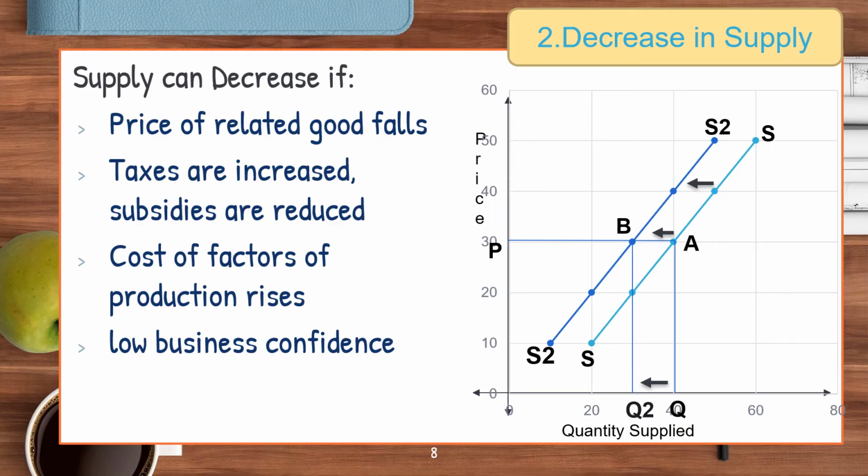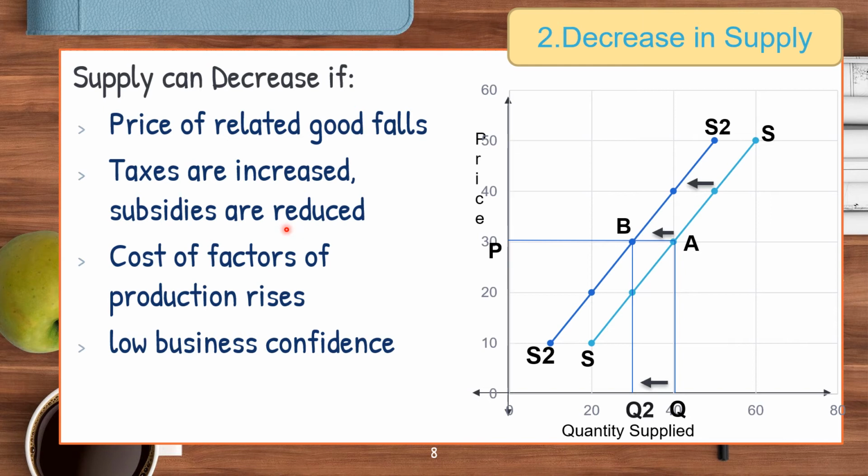Let's now revise the second shift in supply, that is, decrease in supply. We know supply decreases if the price of related goods falls. So the supplier is very confident that the consumers will shift their demand to his good. So he is not ready to supply more at the same price. He will supply less at the same price. Supply can also decrease if taxes are increased, so it becomes expensive, and also if subsidies are reduced.